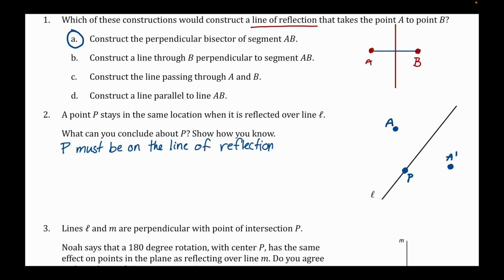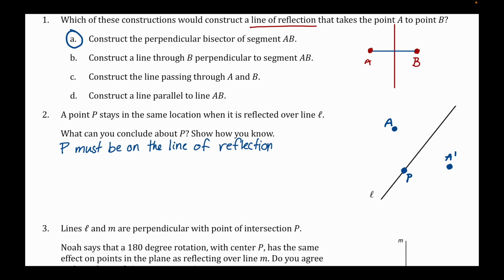And then we can say otherwise, oops, maybe I should write legibly. Otherwise it would move from one side of the line to the other.